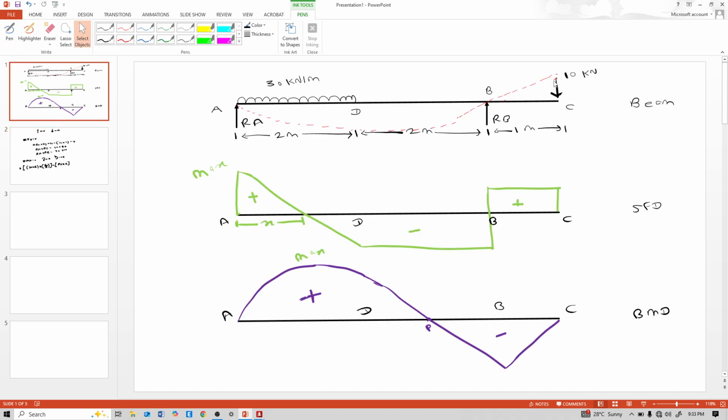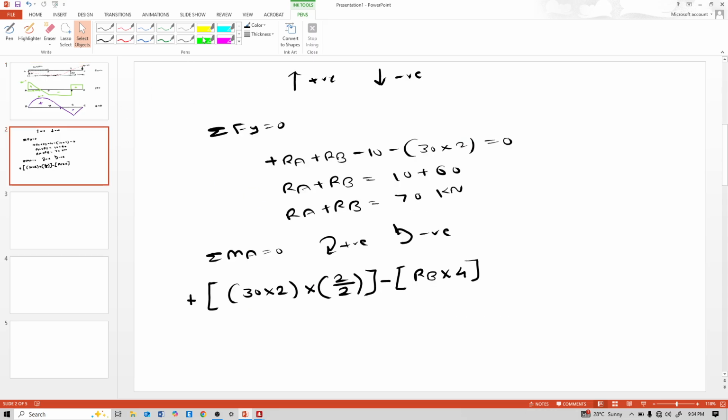This 10 kilonewton is a downward load, clockwise to point A, so positive. The load is 10 and the perpendicular distance is 5. And the sum equals 0 because of equilibrium.